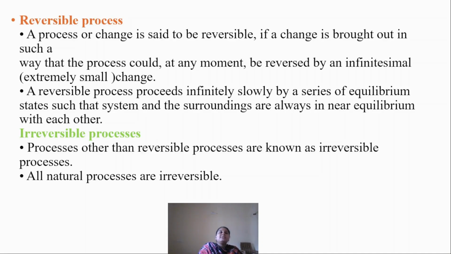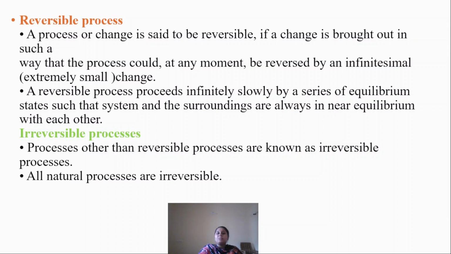The next is the reversible process. A process or a change is said to be reversible if the change is brought about in such a way that the process at any moment can be reversed by an infinitesimal change, or a very small change.